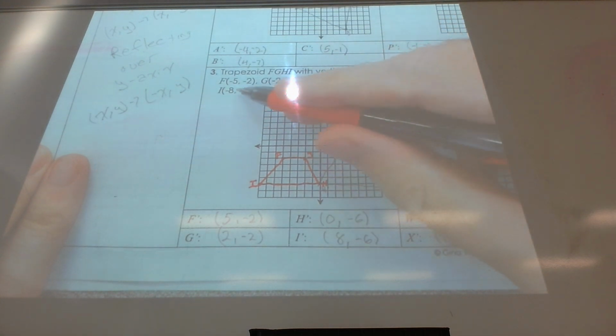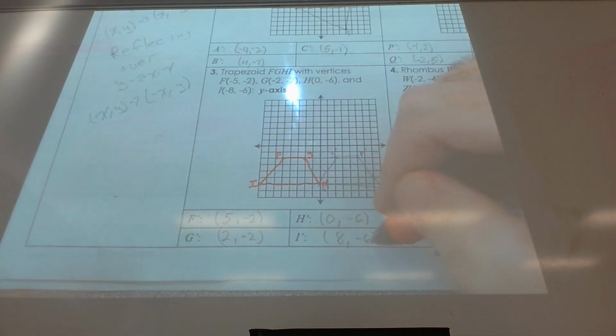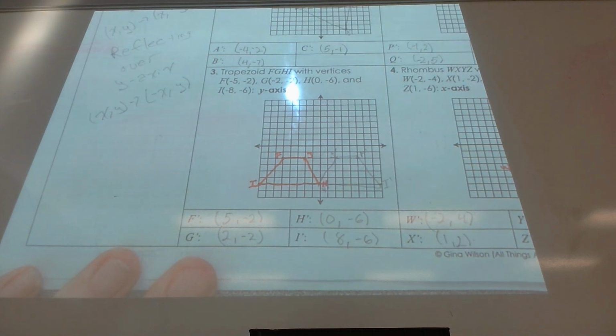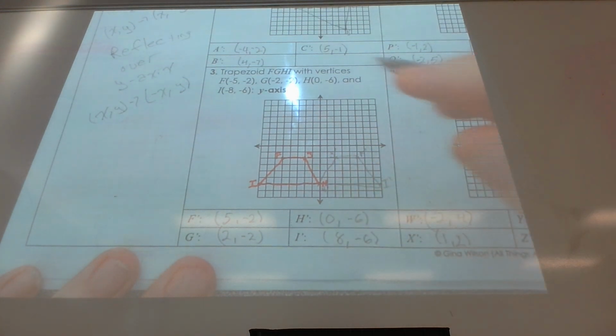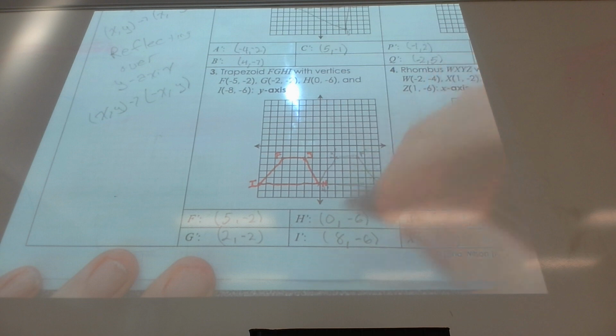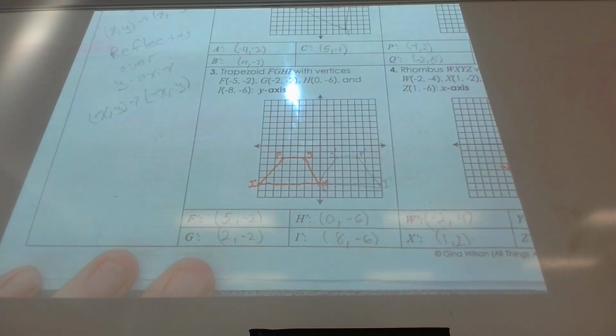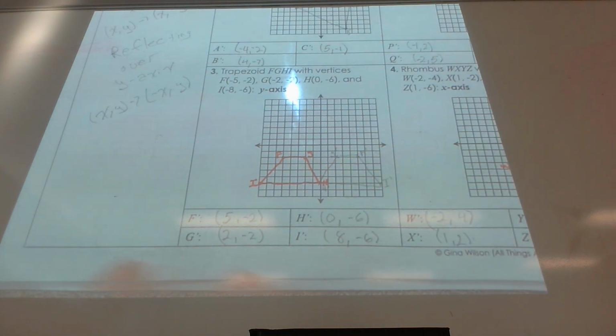Negative 8, negative 6 becomes positive 8, negative 6. And so we graph those points. Now, if you're looking for another reason that 0 doesn't change, how far away from the y-axis is it? Well, it's on the y-axis, so it has to stay there.